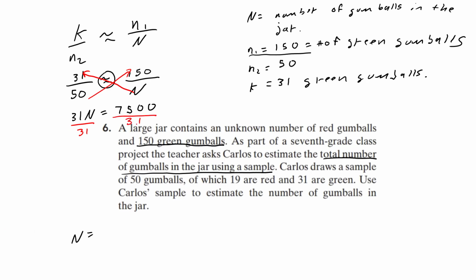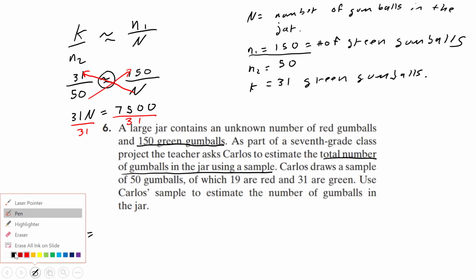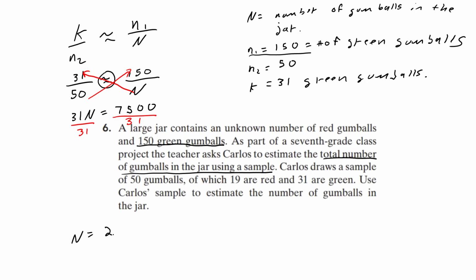And so then n is equal to 7,500 divided by 31. And the calculator tells me that this is 241.935.